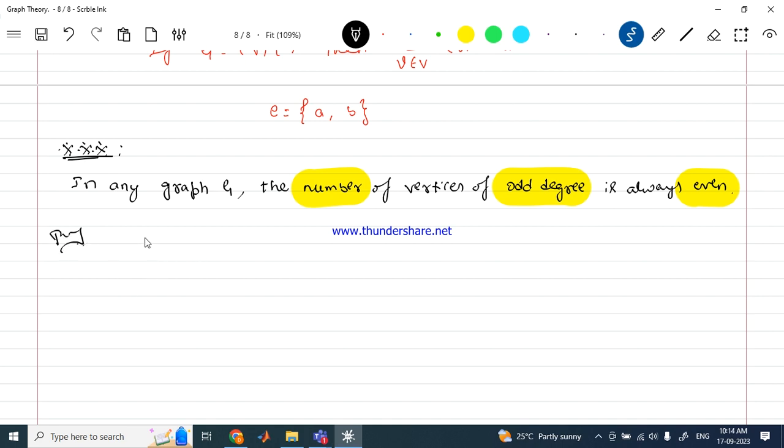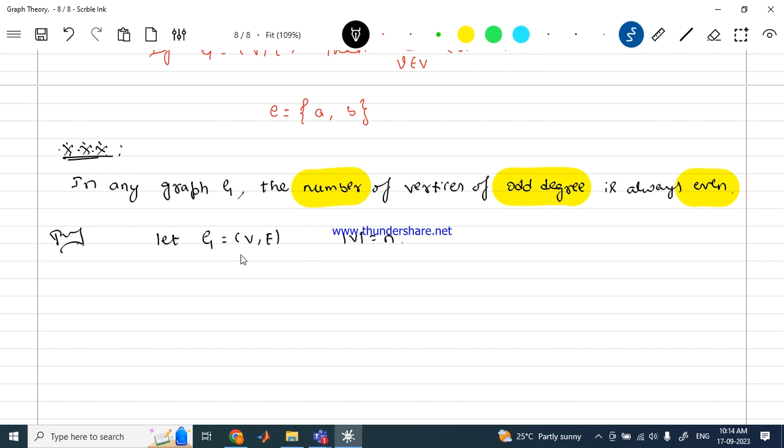G is some arbitrary graph. Let me assume that G equals (V, E), made up of this vertex set and this edge set, and that this graph has n vertices in it.